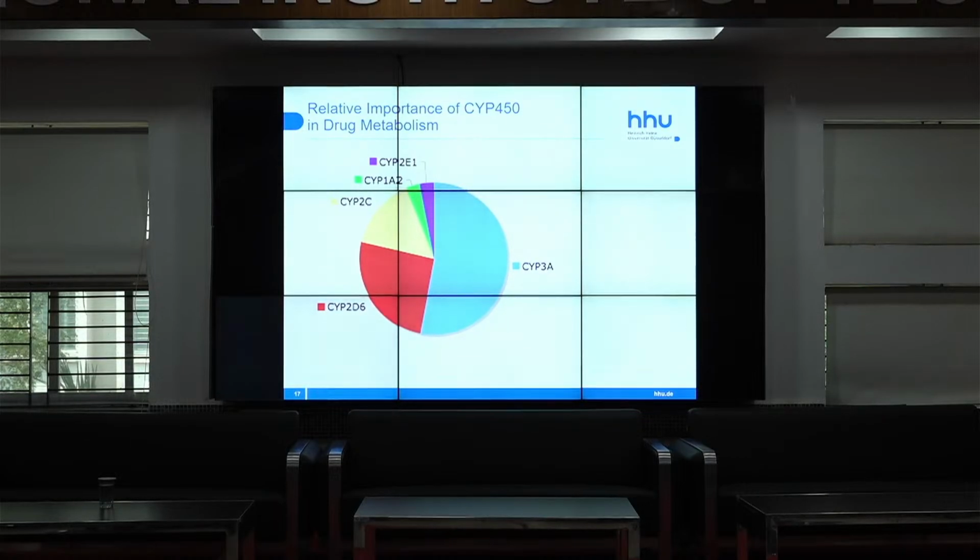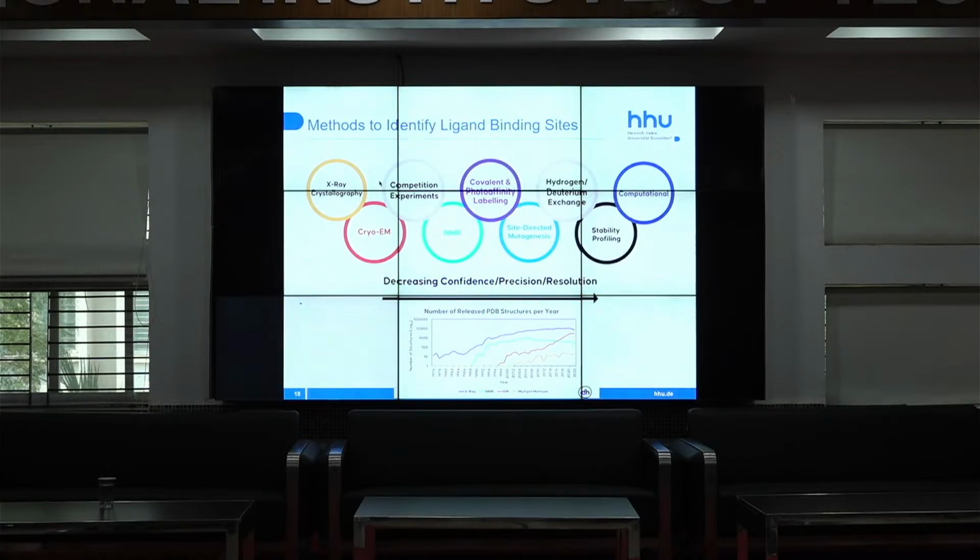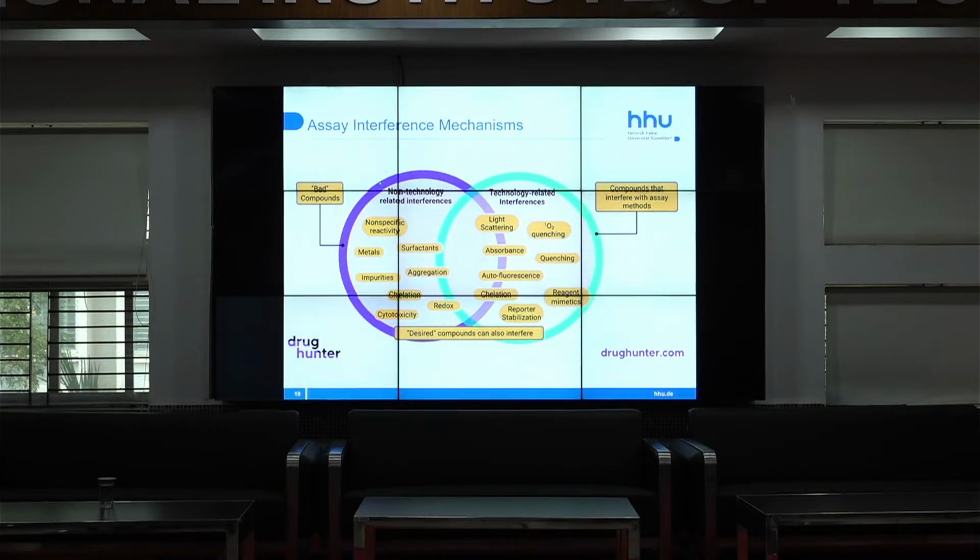So in the very first step, we identify the pharmacodynamics. When we have identified the pharmacodynamics with the different ligand binding sites and different structures, we go into different interaction possibilities and different modifications of the structures.